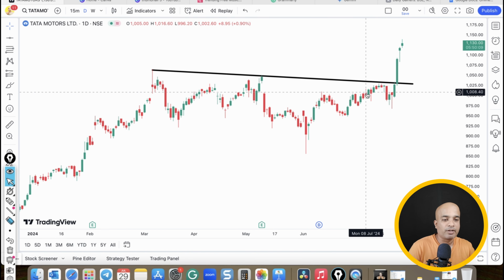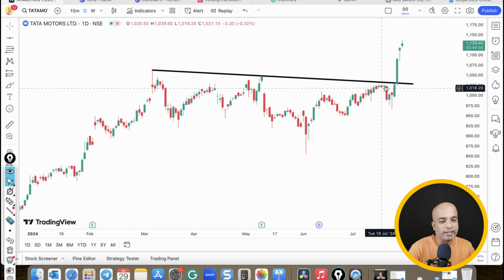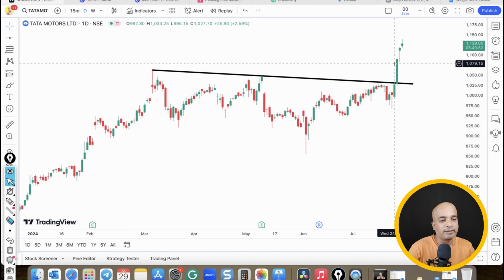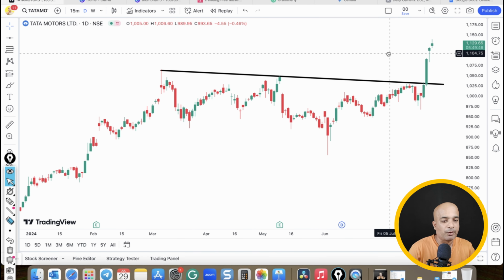There is a lot of consolidation here. It came back a little bit here, but there was a lot of consolidation. It happened, I think, because of the budget and all. There was a lot of consolidation just below the resistance trend line, right? Then there is a big breakout candle here, and then price is going up. On the breakout candle, the selling wick is very less, right? So price is going up now.